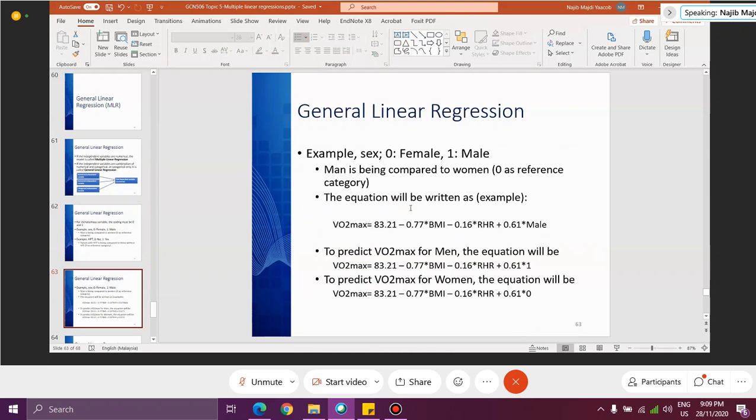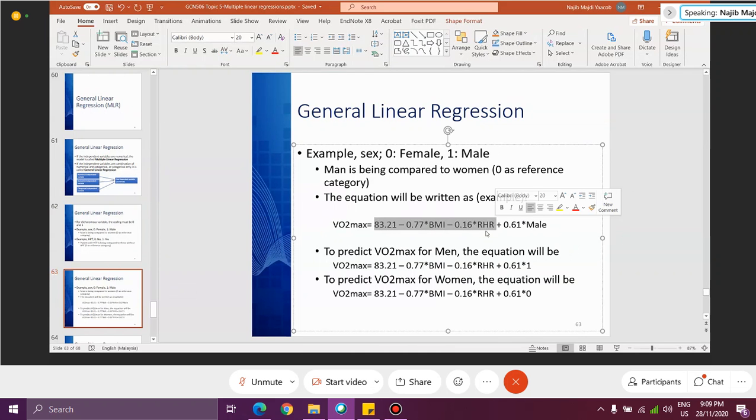The equation can be written like this, for example, if you have one dichotomous variable. If the beta for sex is 0.61, hypothetical, it means that VO2 max equals all the initial numerical variables plus 0.61 multiplied by male.